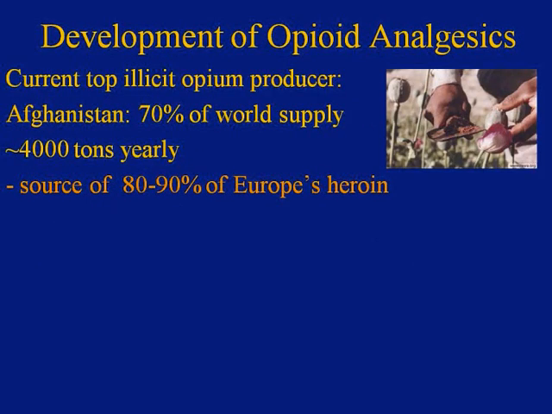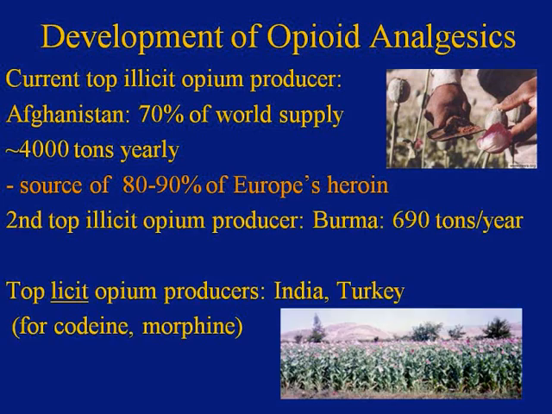Currently, Afghanistan supplies most of the world's illegal opium, which is used to make heroin. The second top supplier is Burma or Myanmar, whereas for the legal suppliers, most opium comes from India or Turkey, where it is grown in order to be used for isolating morphine.